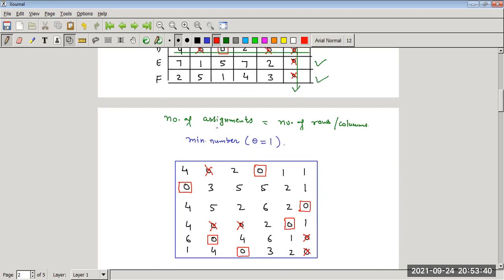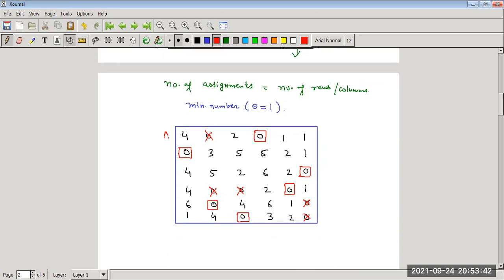So now we can assign the jobs. We have persons A, B, C, D, E, F. We have jobs 1, 2, 3, 4, 5, 6. So how can we assign?